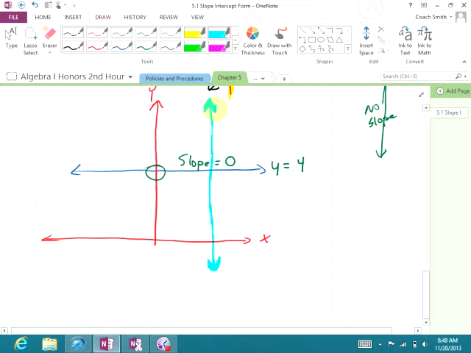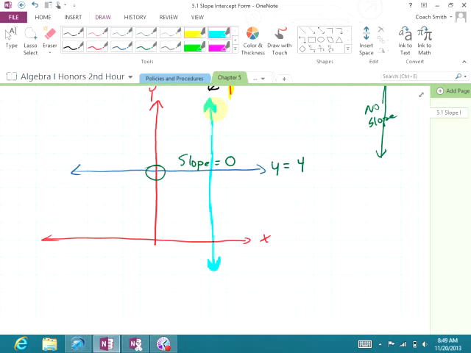No. So there's no way to put it in slope-intercept form, because it has no slope and it doesn't ever cross the y-axis. Put a vertical line over it, it would touch every single point on it, so it can't be a function. A vertical line can't be a function, obviously, because it'd fail the vertical line test.